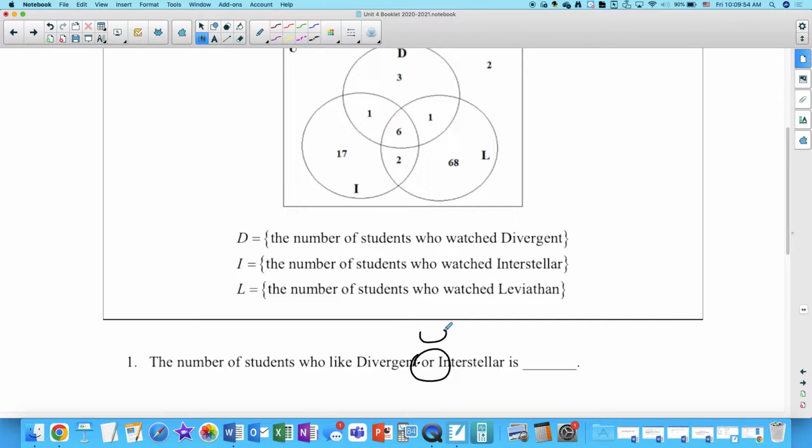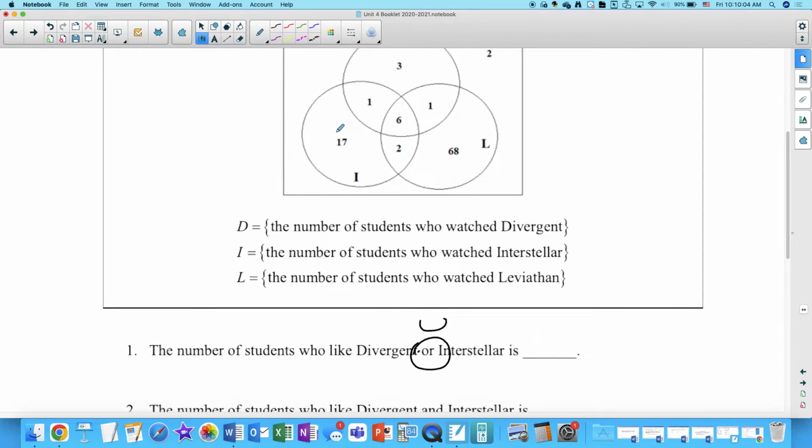Or means union, right? So we're adding all of these numbers together. What I like to do so that I don't miss anything is I do the section. So I do, okay, no overlap, and then these 3 would be some overlap, and then this one is all overlap, so that I'm not missing anything.